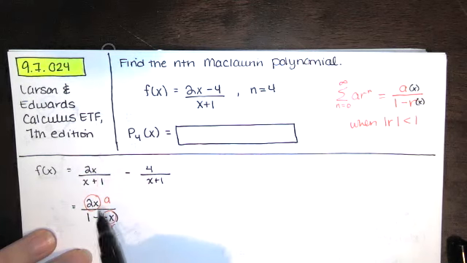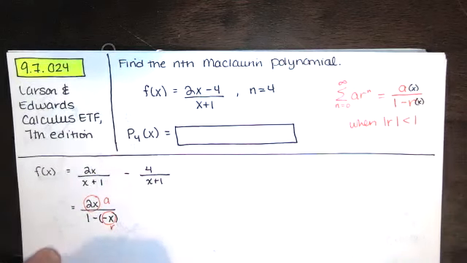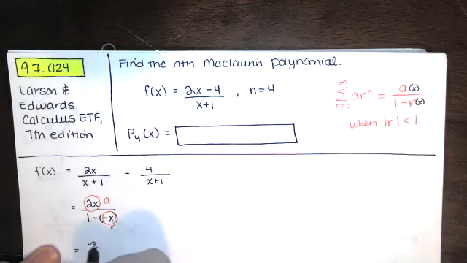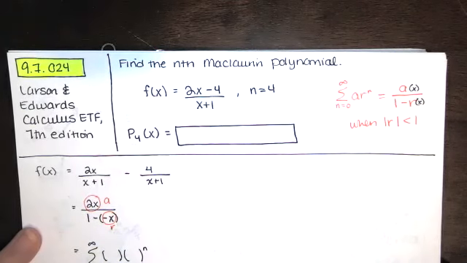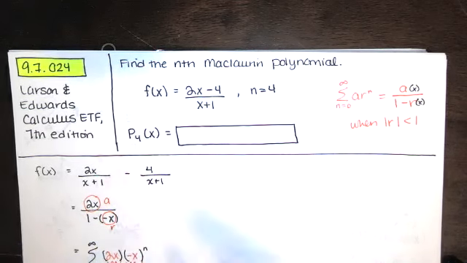And since it has that form a over 1 minus r, I can write it as a series that looks like this. So that's the sum as n goes from 0 to infinity of a times r to the n. A is 2x. R is negative x.